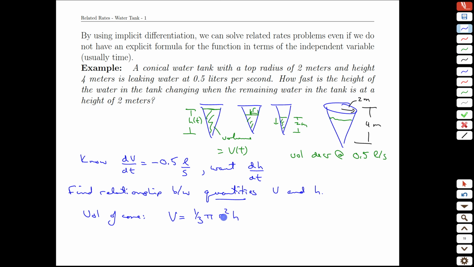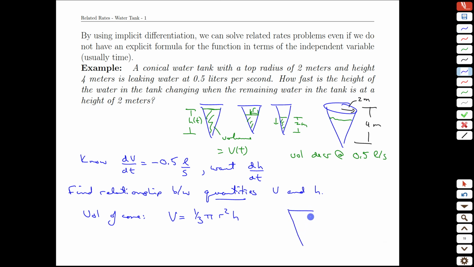And here we need to do a bit of work to figure out how that radius changes. Obviously it's getting smaller and smaller as the water level drops. We have less and less water, and so we have a narrower and narrower part of the cone. How do we go about working with that? Well, this is where experience comes in, but this is early geometry. We actually have two triangles in each of these diagrams.